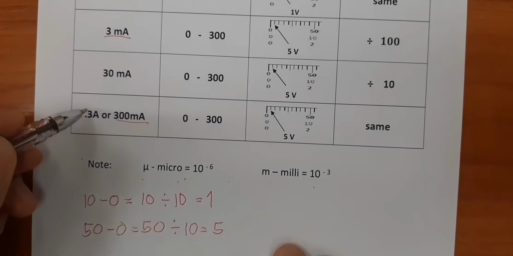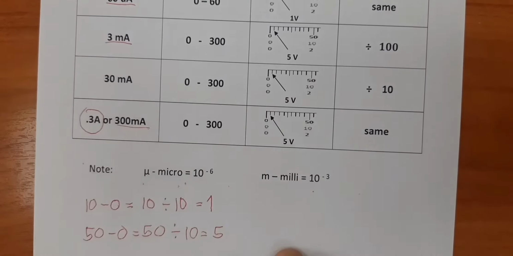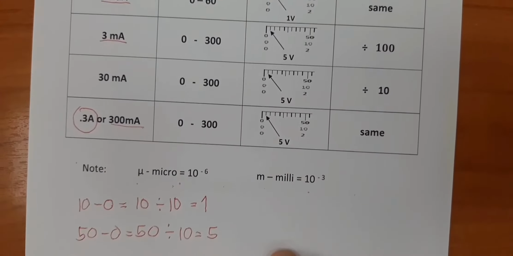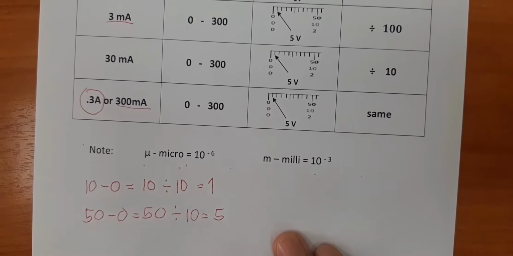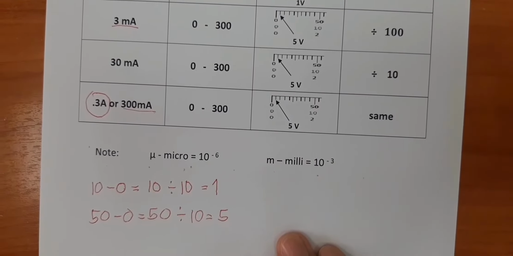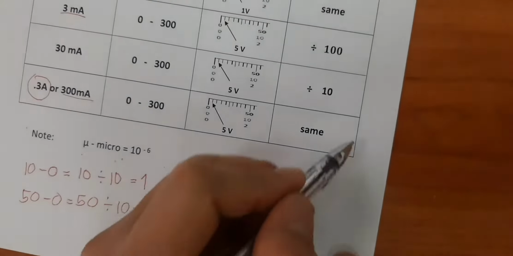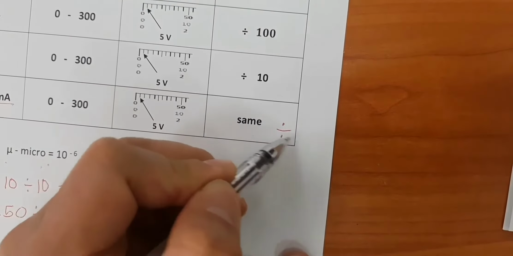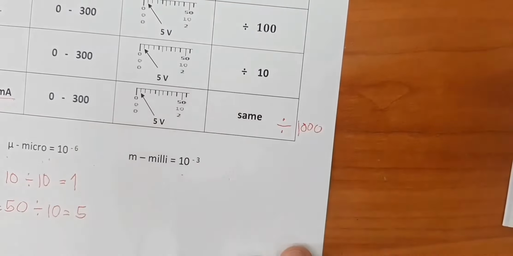But if you are going to use 0.3 ampere, you just need to move 3 decimal places going to the left, or divide by 1,000.